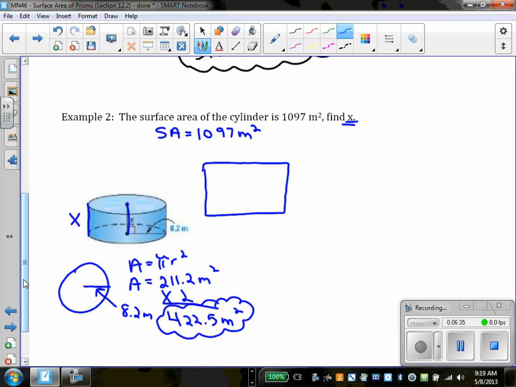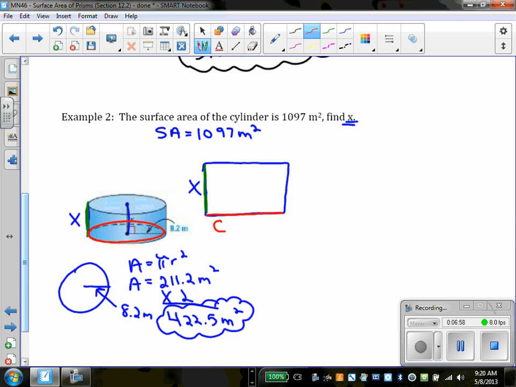So we know that the height is the variable we're trying to find. That's that x. And again, if you don't see it, let me just kind of change colors here. Here's the height right here. So that's the x. We do know that, again, this length right here is the circumference around.